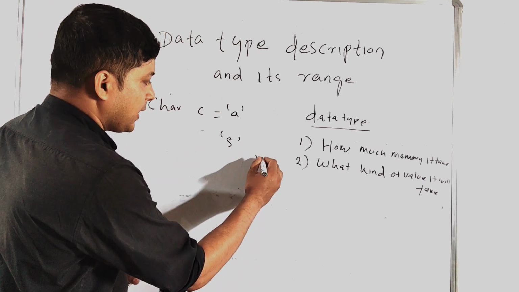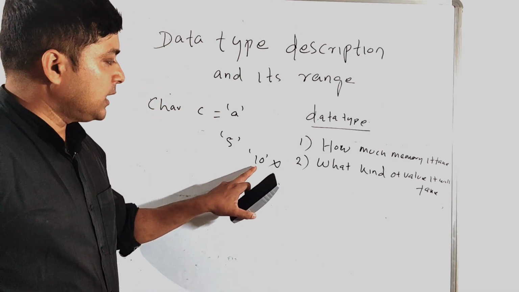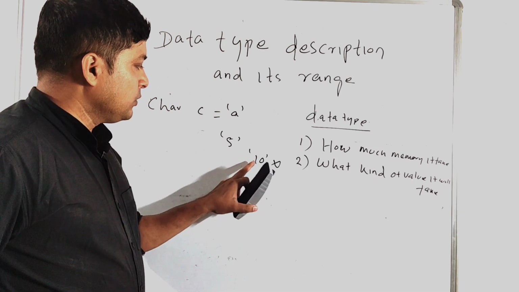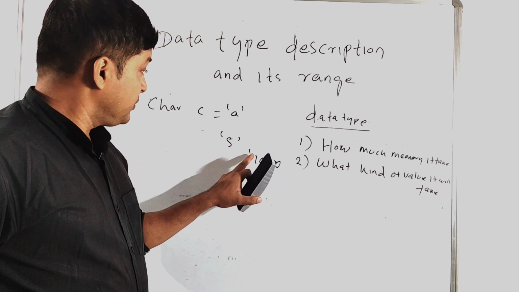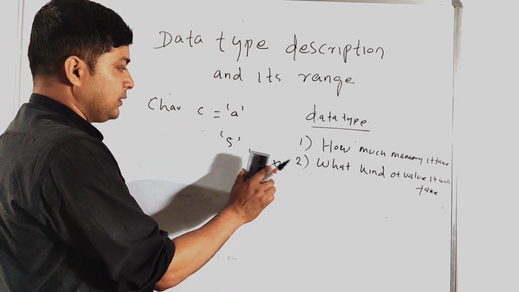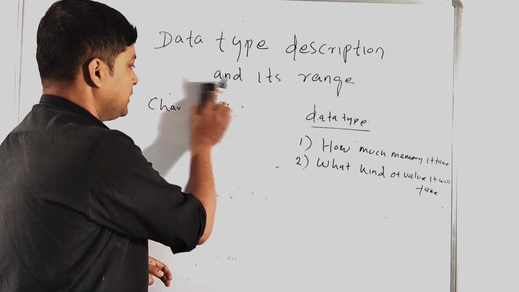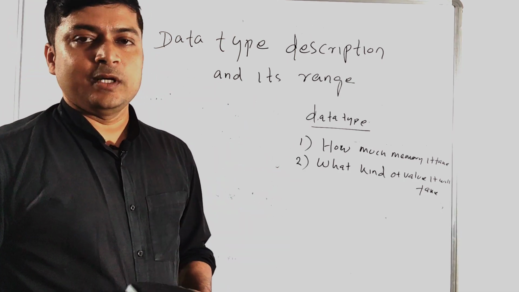Suppose I am writing 10. We can't write 10 in single quotes because it is not 10, it is 1 and 0. So you can't put more than one value in the character data type. You have to take only one character including single quotes. This is called the character data type. This way you can define primitive data types.